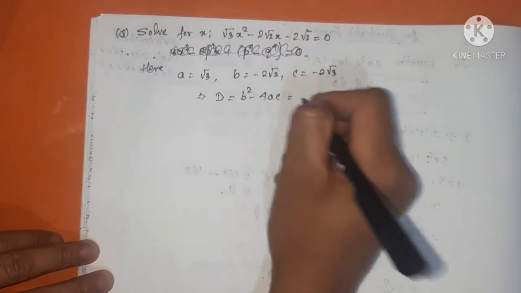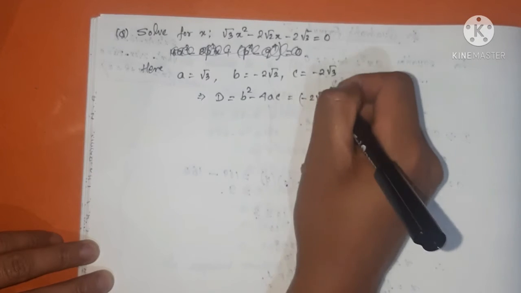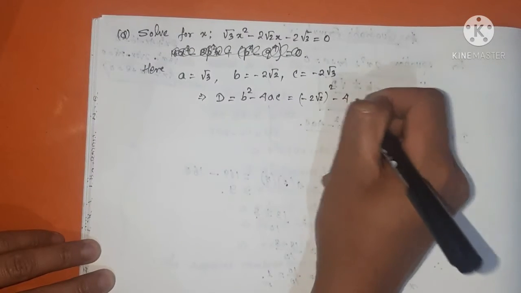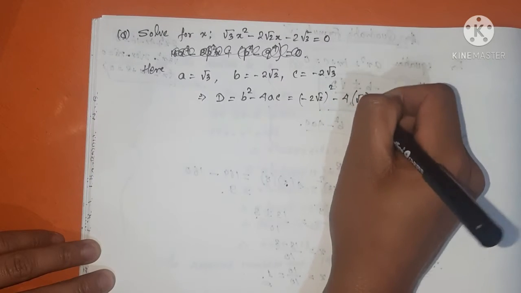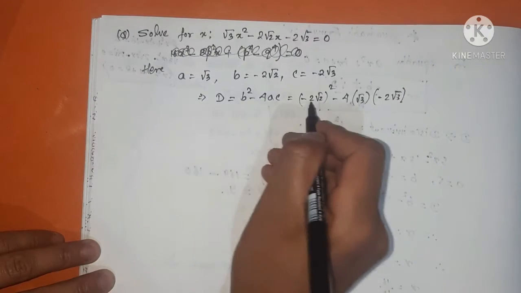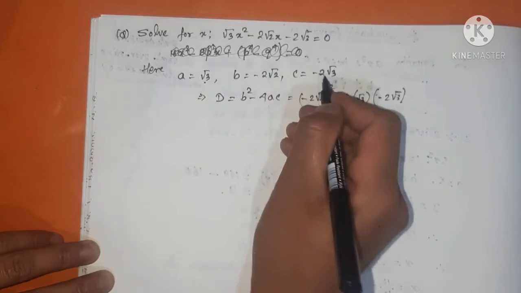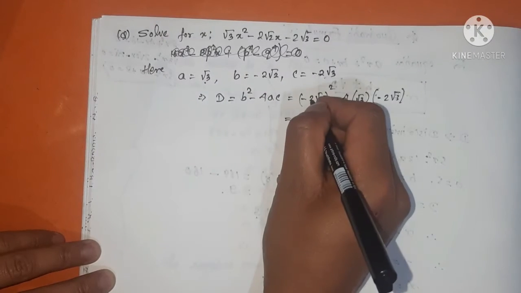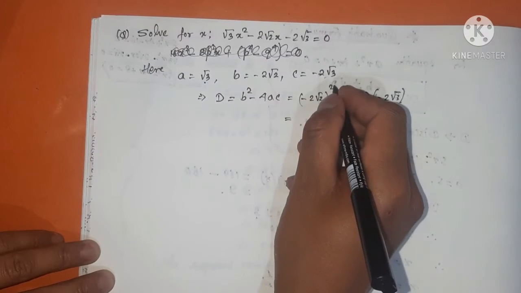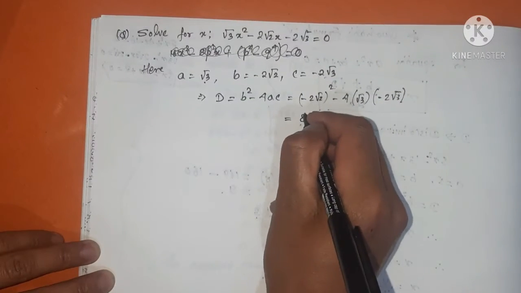Now what is b square? Minus 2 root 2 whole square, minus 4 into a, which is root 3, and c, which is minus 2 root 3. Check this out. So this will be: minus squared is plus, 2 square is 4, root 2 square is only 2, so 4 into 2 is 8.